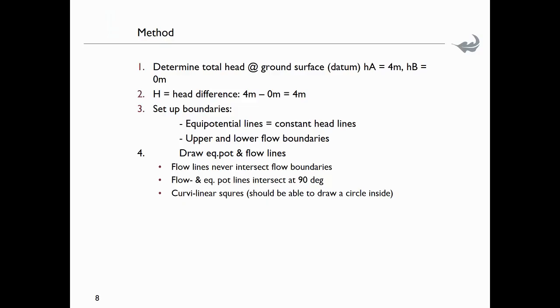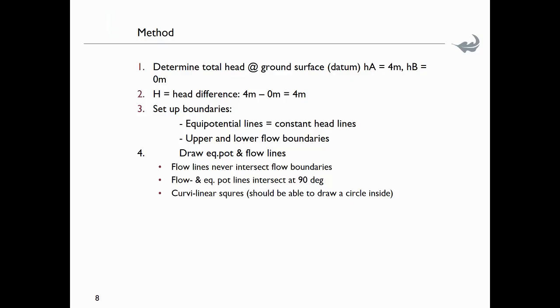So for instance, determine the total head at ground surface, the datum. HA is 4 meters and HB is 0, and the total head difference is 4 meters minus 0, which equals 4 meters. So you set up the boundaries.